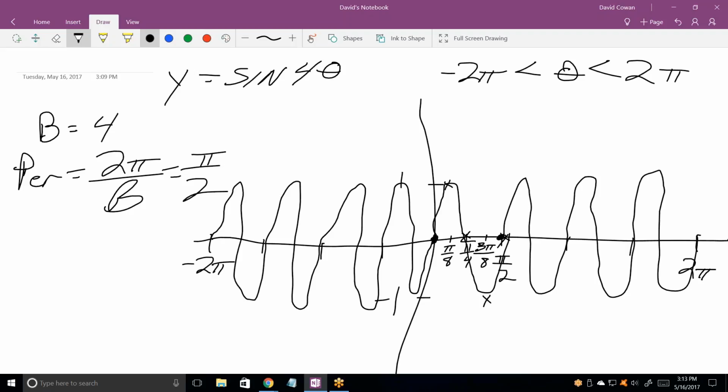Now, does that fit everything? Yes, the period is pi over 2, which is what it should be based on this 4. It's just that when they said graph it from minus 2 pi to 2 pi, they're basically saying give us 8 periods of the sine function.